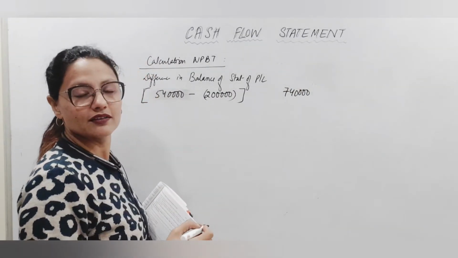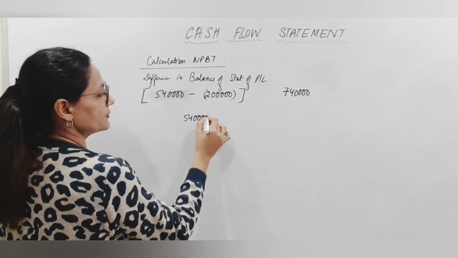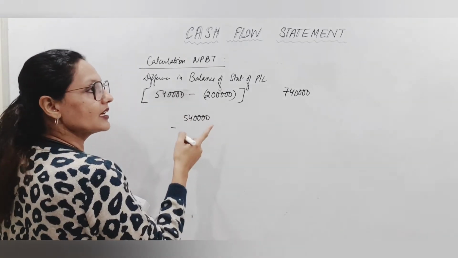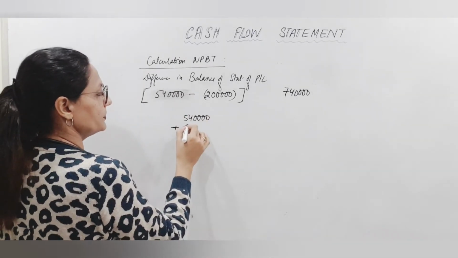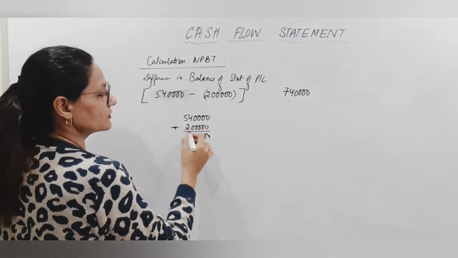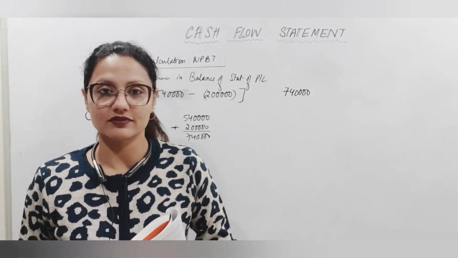How? Just about maths. 5,40,000 is a positive figure minus negative. Minus minus क्या हो जाता है? Plus. So plus 2 lakhs हो जाएगा. 7,40,000. Minus minus plus हो जाएगा. Integer, right?